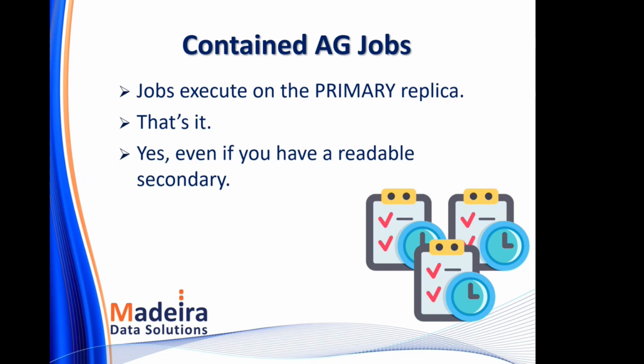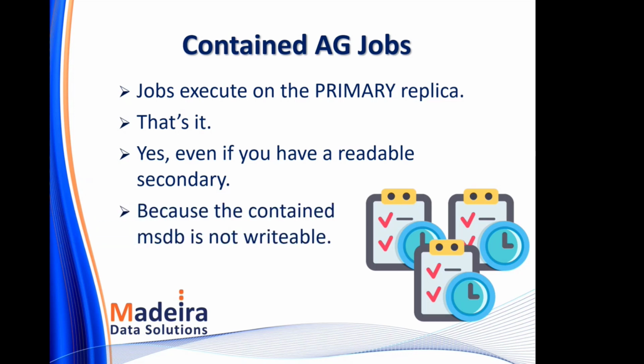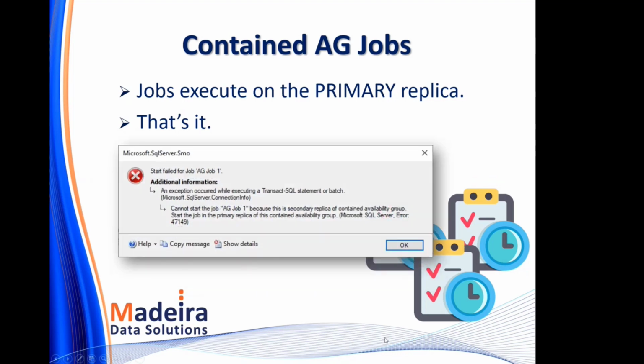It will have to add a record to the history tables and change the status of the job and all that kind of stuff. That would mean MSDB needs to be writable, and even if you have a readable secondary, it's not writable. Only the primary replica is writable. Even if you try and force it, you will still get an error that looks like this: Cannot start the job because this is secondary replica of contained availability group. Start the job in the primary replica of this contained availability group.